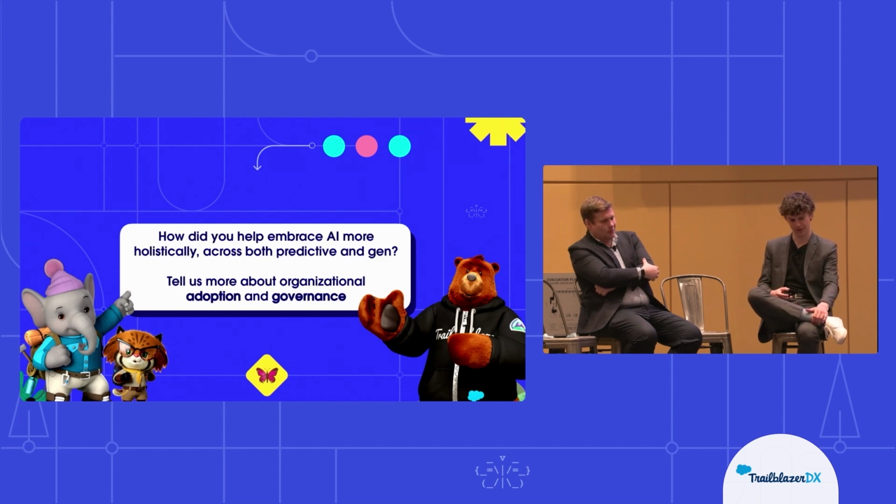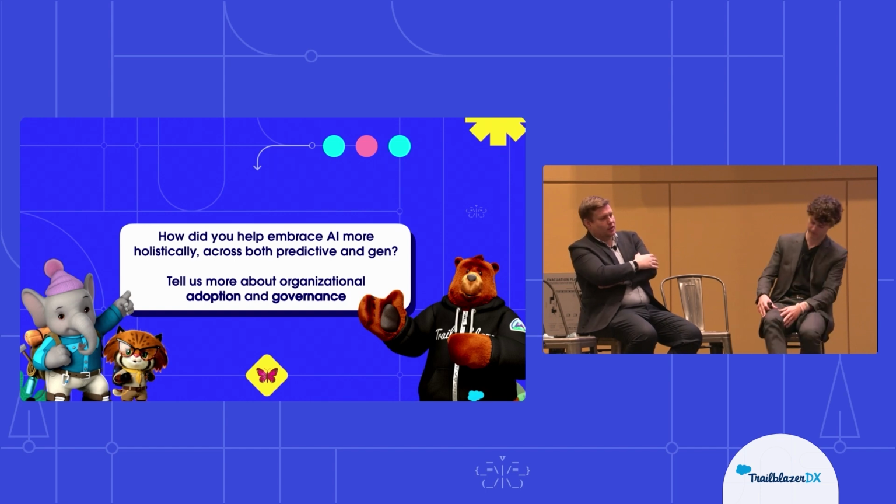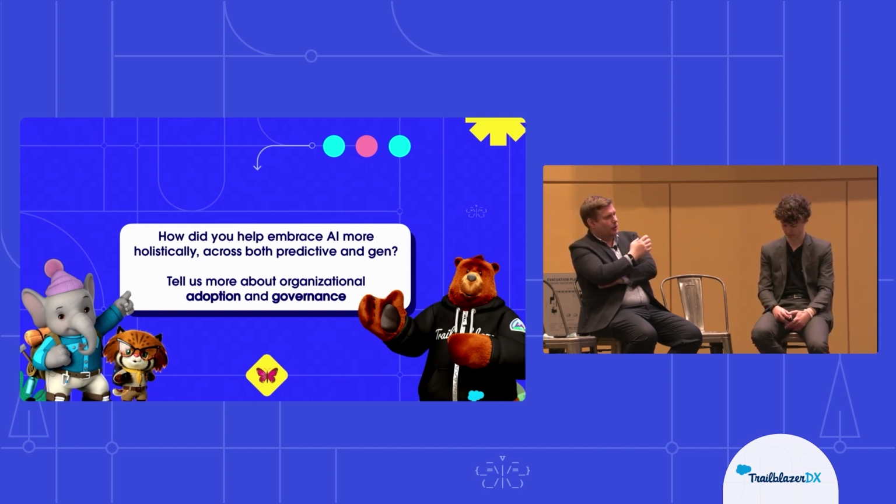Yep. Awesome. Well, would love to hear a bit about how you are embracing AI holistically across both generative, which is the new flashy tool, and the predictive tool, which has been here a little bit longer. It's great, and always what we find when we go into these conversations with clients, it's not just a Gen AI story; it's a predictive and Gen AI story always together. So when we were talking to these guys, it was very much, in our case process, we're not doing a great job of classifying our cases.